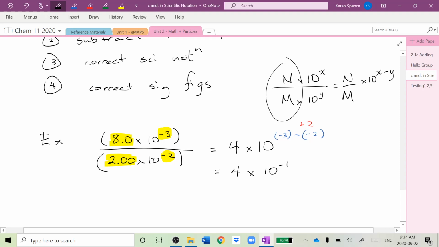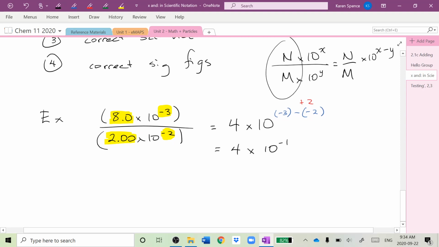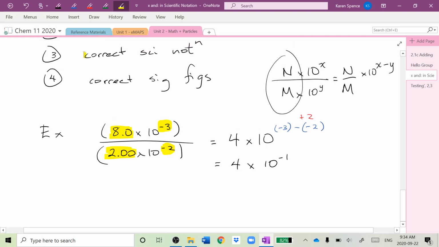Okay, and so we now have our answer, but we need to make sure that we are in correct scientific notation. Oh, we are. Look at that. Only one number in front of the decimal. Are we in correct sig figs, though? No, we're not. We have 2 sig figs here and 3 sig figs here, and the rule for multiplying and dividing is go to the least number of sig figs.